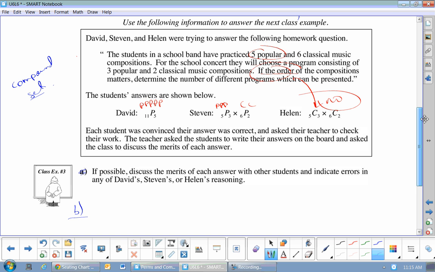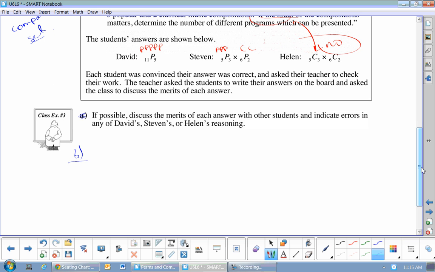No. So I'm going to choose them, and I'm going to choose these. I have them in each hand, then what am I going to do with them? I'm going to pick the order. Okay? So, what I'm going to do is I'm first going to go 5C3 times 6C2.